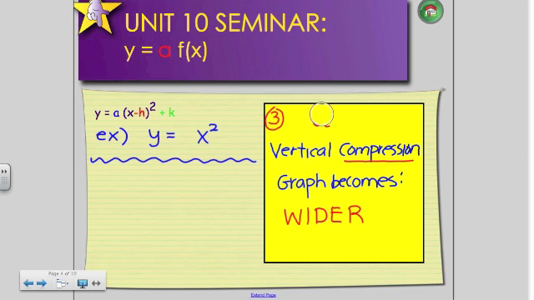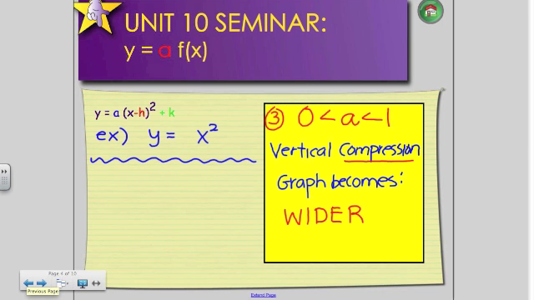Now, you have to be careful with vertical compression and what your A value refers to. So vertical compression is going to be in between the values of 0 and 1. Remember on schedule days we talked about how this means in between the values of 0 and 1. So it can be anything between 0 and 1.